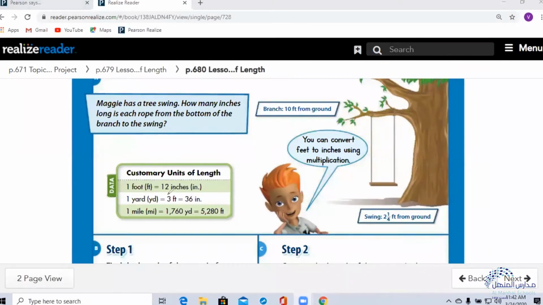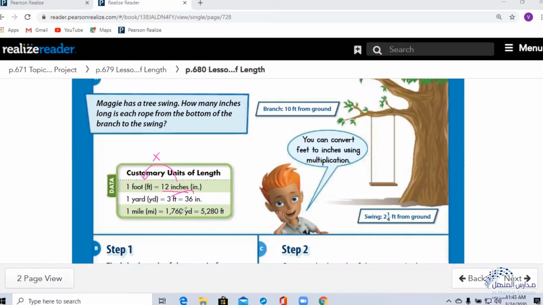If I go from a larger unit, feet, to a smaller unit, inches, I have to multiply. So 12 multiplied by 3 equals 36.